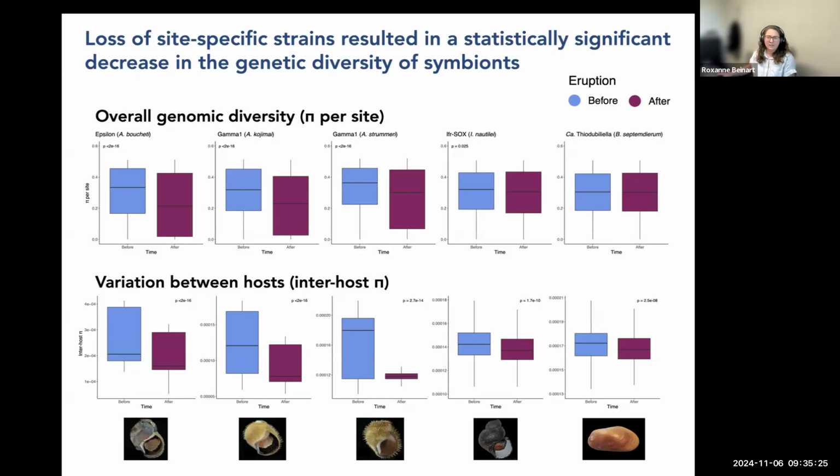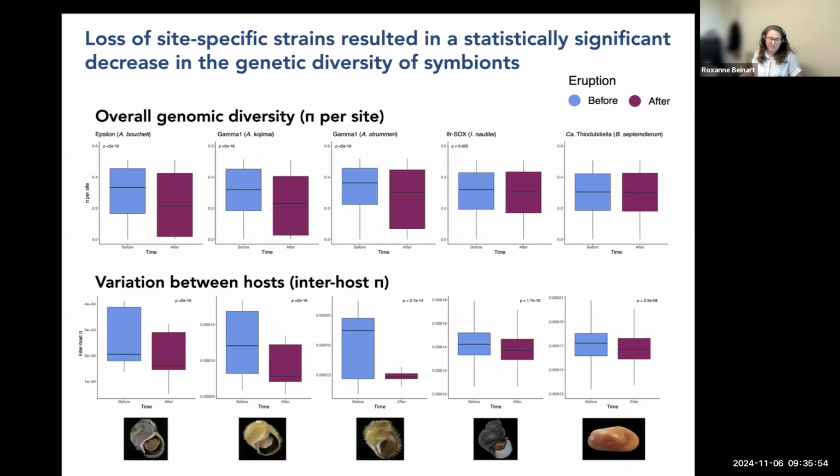And what you can see is that there is a statistically significant decrease in the diversity of the symbionts. This is at the basin scale across all of these sites after the eruption, with the exception of one measure here, which is the mussel symbionts in the overall genomic diversity category. And again, because they have a more homogeneous population and they survived the eruption better, we see less of this overall change in their genetic diversity. So this is, again, the symbiont diversity.